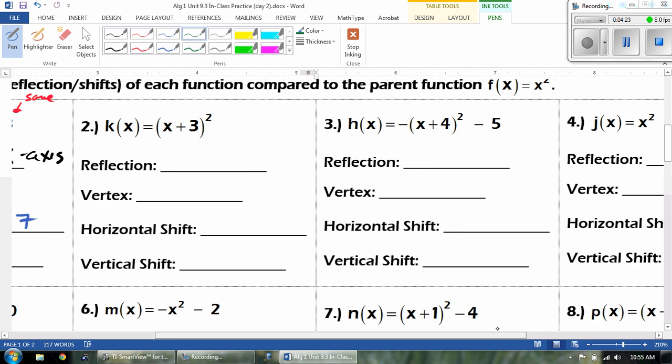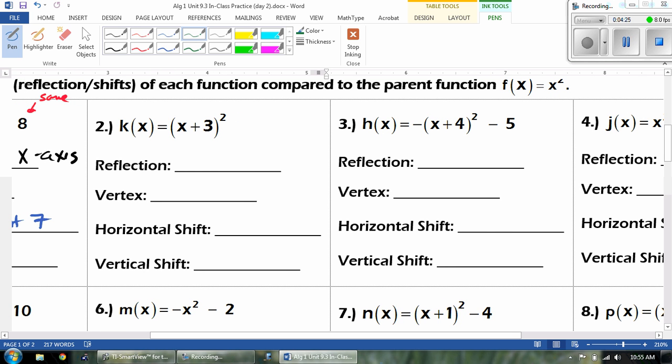Okay, let's look at number 2. So the first thing, is there a reflection? No reflection, okay? If you wanted to know what it would look like, if there's no reflection, that means it's going to be going up. And if there was a reflection, that means it's going to be going down. So vertex, we take the opposite, so that's going to be -3. And this number stays the same, but there's no number out there. Well, technically there is.